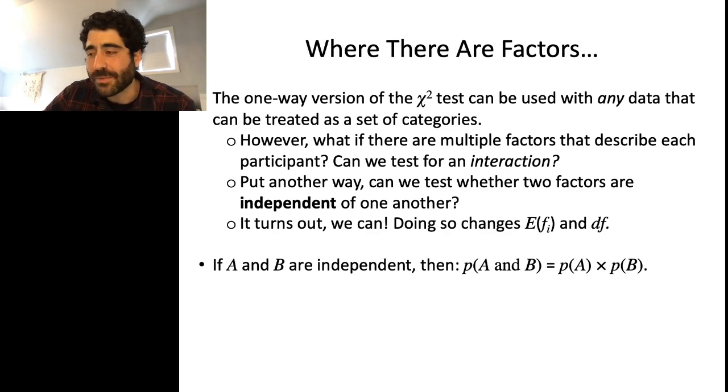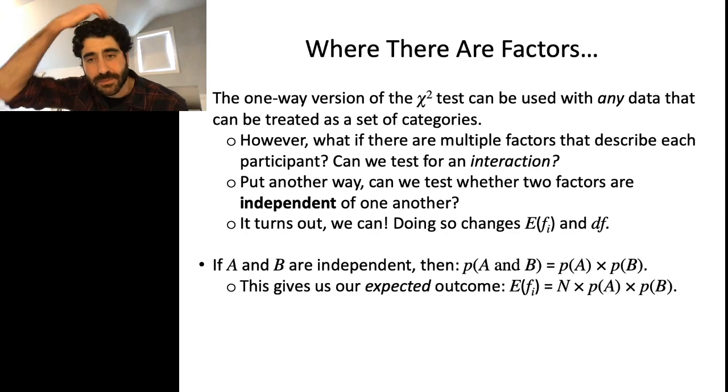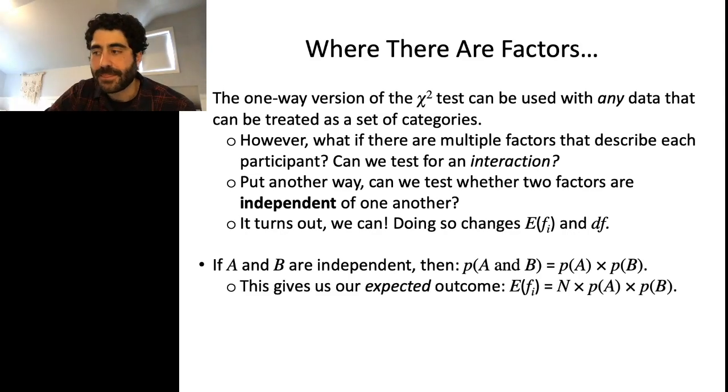And so remember back from our probability rules, if A and B are two events that are independent, the probability of both of them happening is just the product of them happening individually. And so this is the kind of null expectation we're going to test. If we know how likely each of A's possible outcomes are and how likely each of the B possible outcomes are, and again, these are like two different questions, like the gender color example, then we can compute for every possible combination of outcomes about how many we should expect.